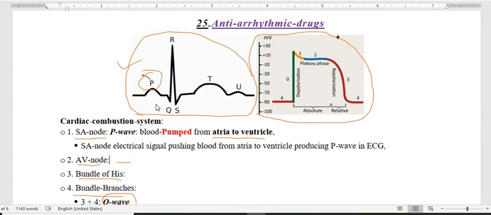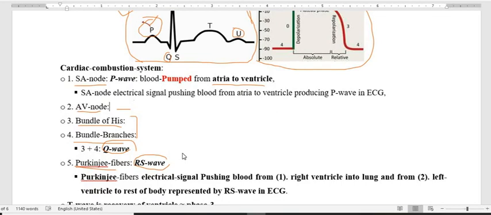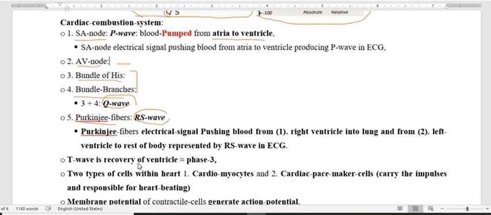So the whole wave under the ECG is P, Q, R, S, T, and the last one is U, but mainly P, Q, R, S, T. P indicates filling of the ventricle, whereas the Q wave indicates the bundle of His and the bundle branches, whereas the RS indicates the current passing through the Purkinje fiber.